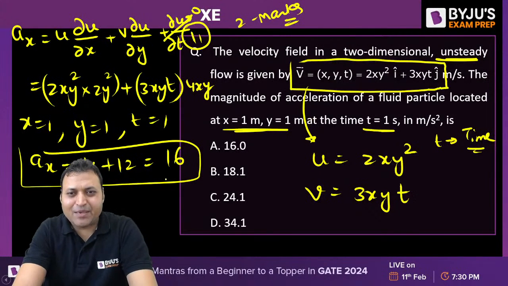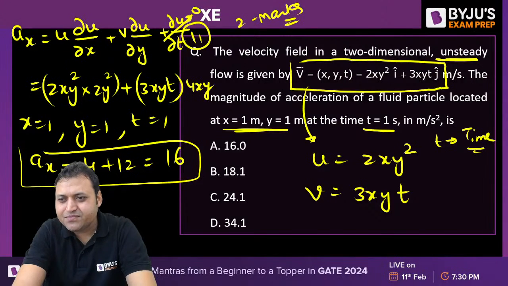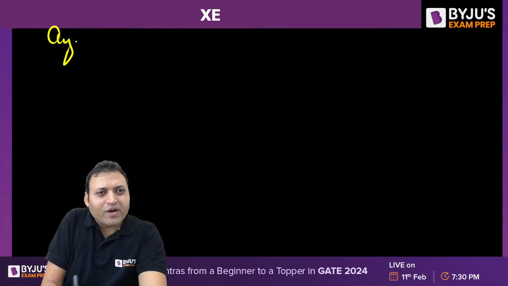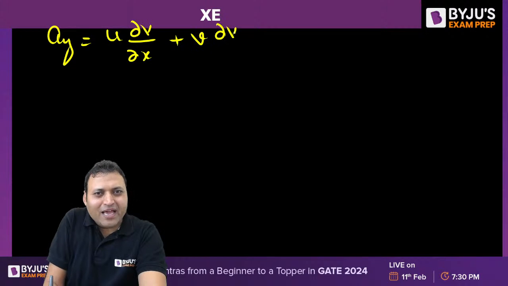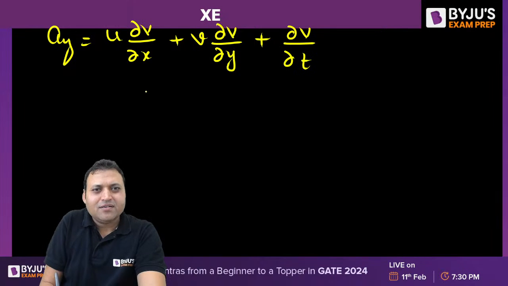This is ax. Similarly, we can find out ay. What is ay? u into del v by del x plus v into del v by del y plus del v by del t.